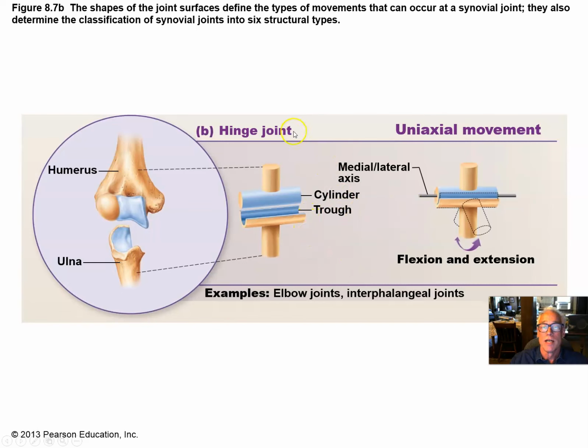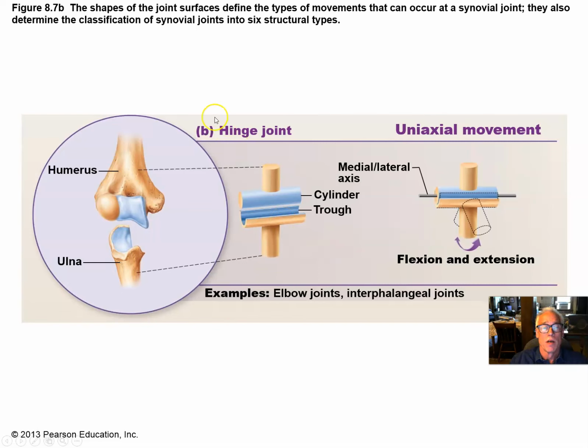Our next type of joint is a hinge joint. The example given here is the humerus and the ulna, forming the elbow joint. Here is the trochlea of the humerus that articulates with the olecranon process of the ulna. It's called a hinge joint because it's a uniaxial joint.